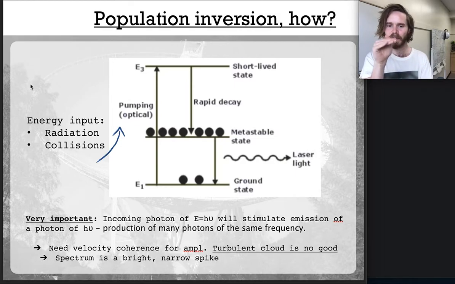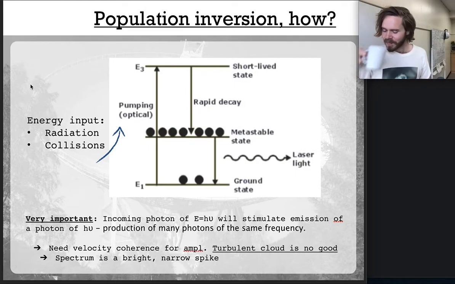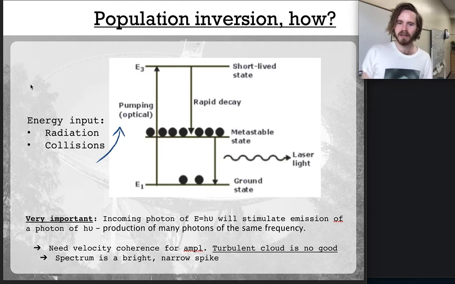Then if from level 2 to level 1 is a slow decay, then you're going to end up with this kind of traffic jam where there's things stuck on energy level 2. And then you've formed your population inversion. Okay? So now you've got your population inversion.